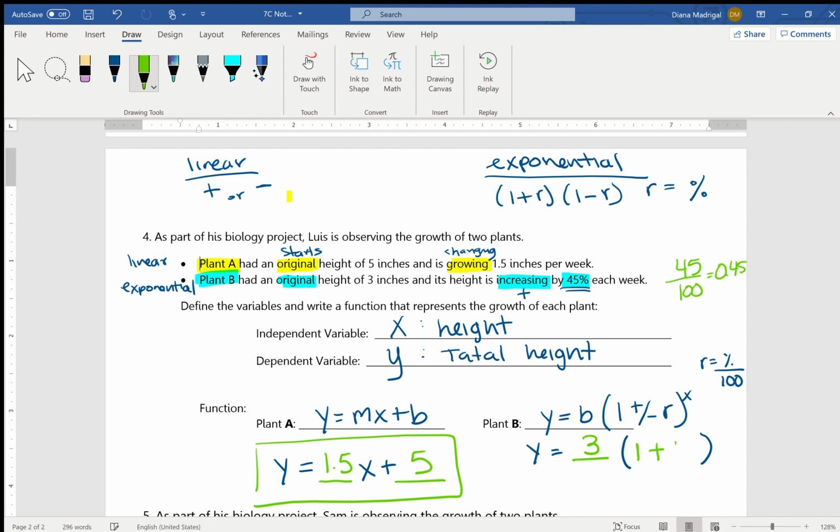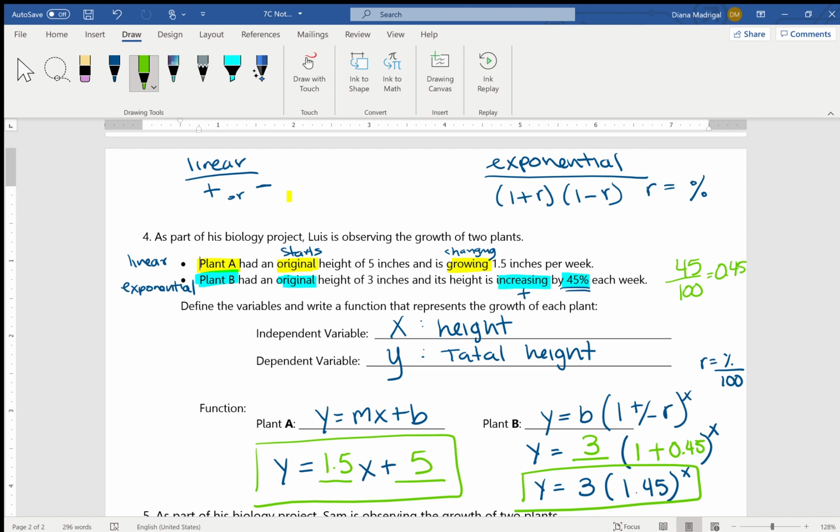So it's 1 plus 0.45. Don't forget the little power of x on the side. So my final answer is going to be 3 times 1.45 to the power of x, because when I add 1 plus 0.45, I get 1.45. That's my final answer. We are not solving anything, we are just writing the equations for these.